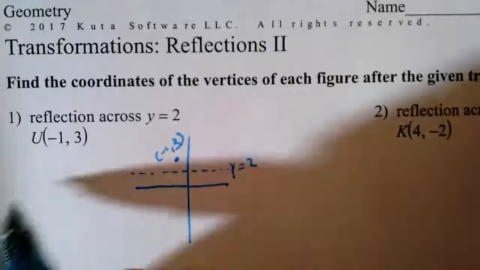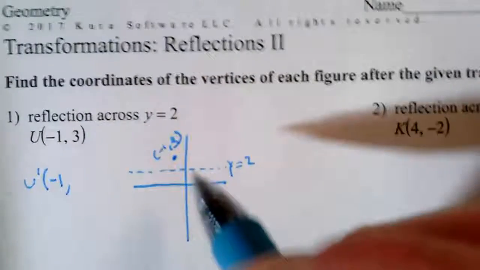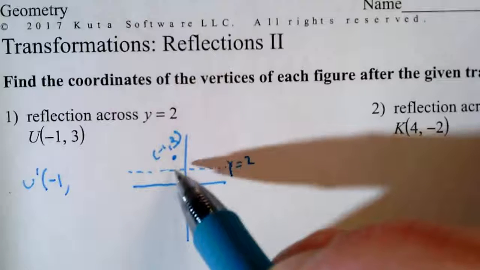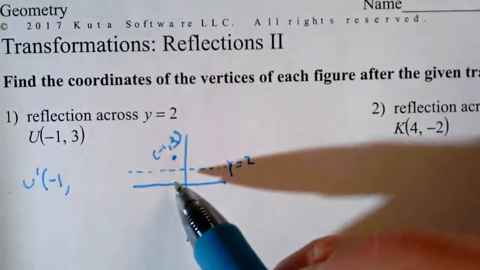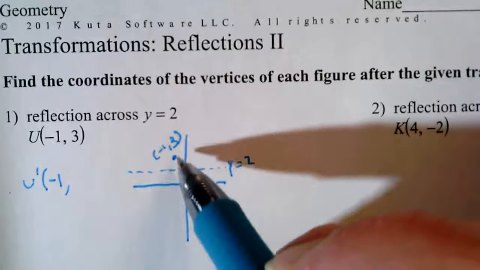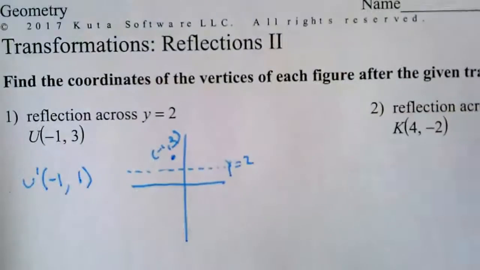And the x-coordinate's not going to change, so let's just leave that as -1. The y-coordinate is one space from the line of reflection, so its image will be one space in the other direction. So 3, 2, 1. The y-coordinate will be 1.